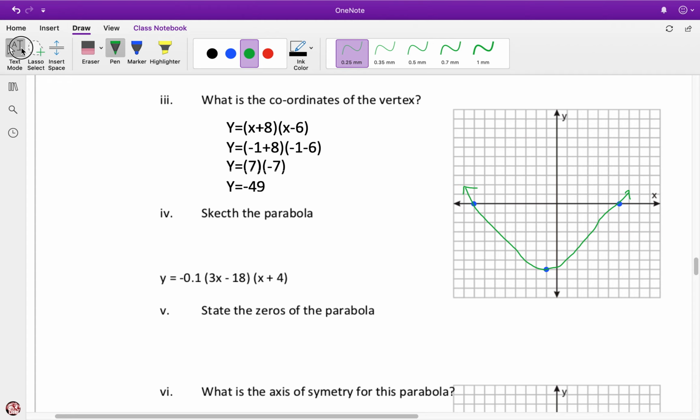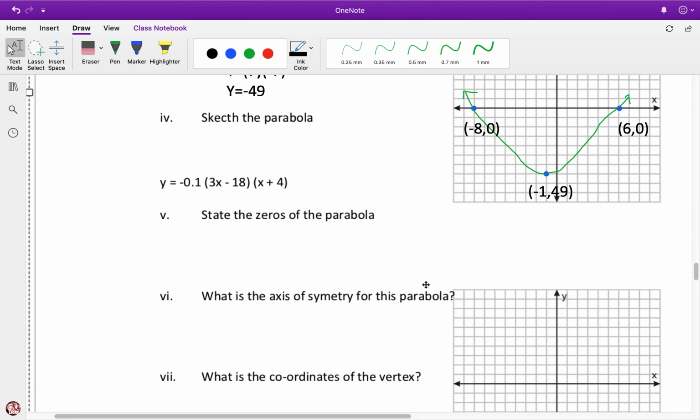Now for the perfect communication mark, I might want to include my vertex of -1, comma 49. I could also mark these as -8, comma 0, and 6, comma 0. And there's a fully communicated mark.